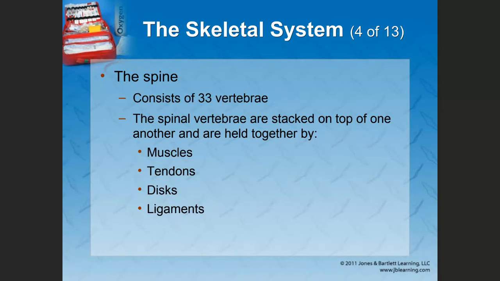Now, the spine consists of 33 vertebrae. The spinal vertebrae are stacked on top of one another and are held together by muscles, tendons, discs, and ligaments. And tendons connect muscle to bone. Ligaments connect bone to bone.